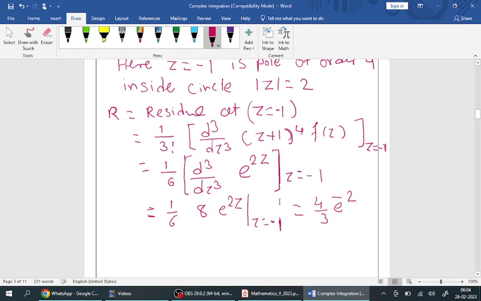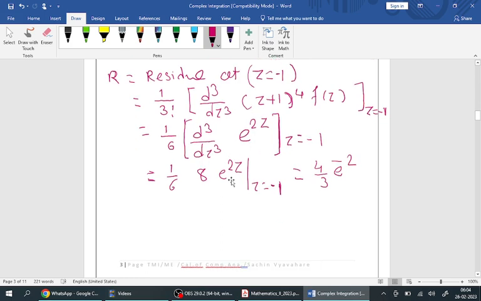So that is the residue, and there is only one pole which is inside the circle, so that residue is already calculated. Hence we get the value of the integral by Cauchy residue theorem. The value of integral I is 2 pi i into the sum of residues.